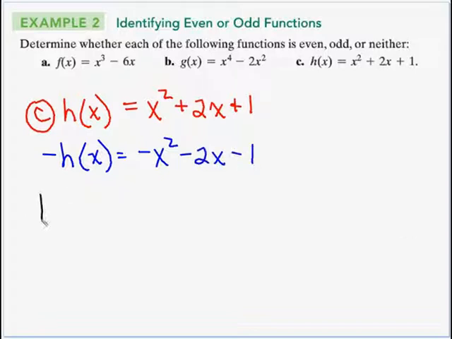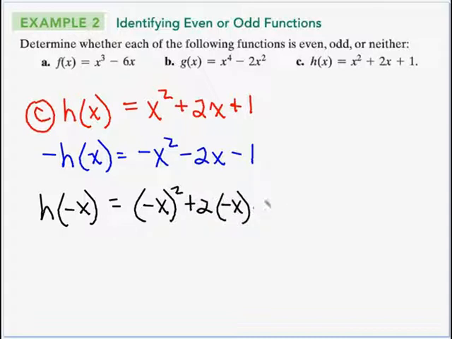And I want to take the original and put a negative through it. So that is going to be negative x quantity squared plus 2 times negative x plus 1. The negative x quantity squared will be x squared. 2 times the negative x will be a minus 2x, and then plus 1. So this is our h of negative x.